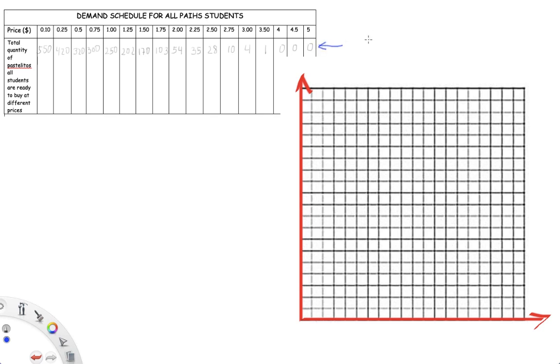So this over here will be the input of our function, or these will be the numbers which go on the x-axis. And what will go on the y-axis will be the price. So the price over here will be the output, and it's going to go on the y-axis. So here's the y-axis and here's the x-axis, right?